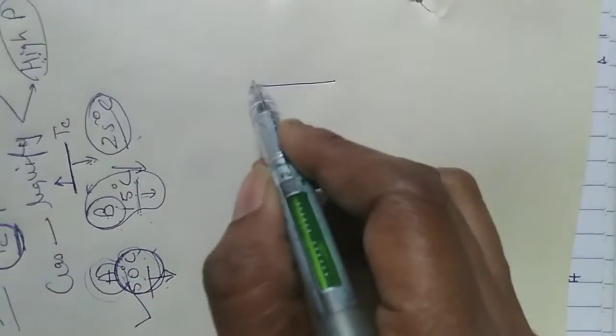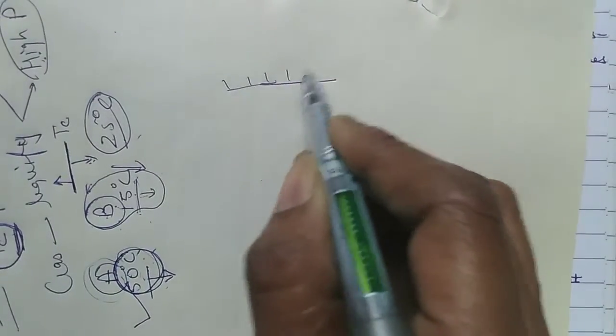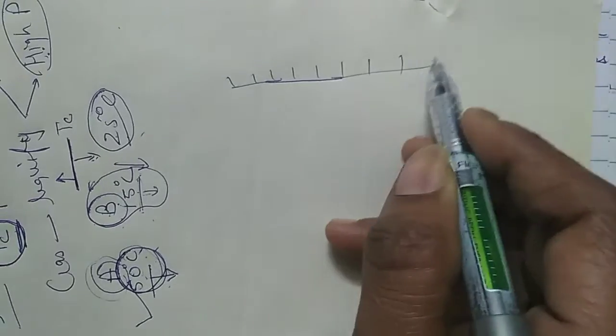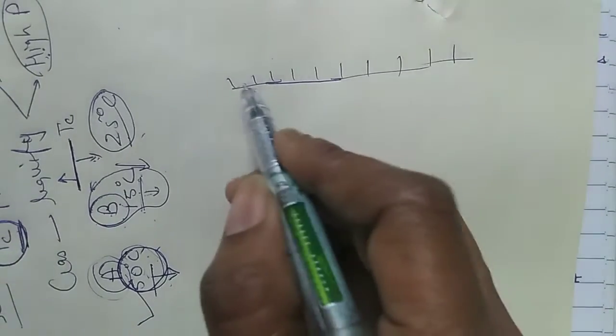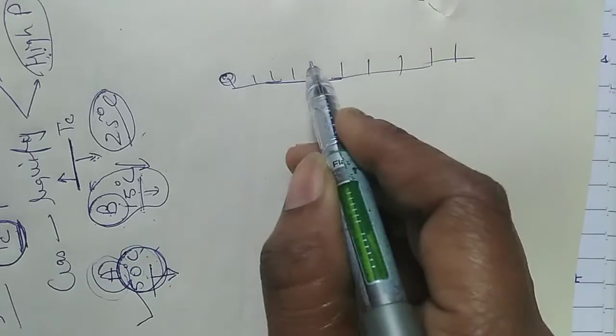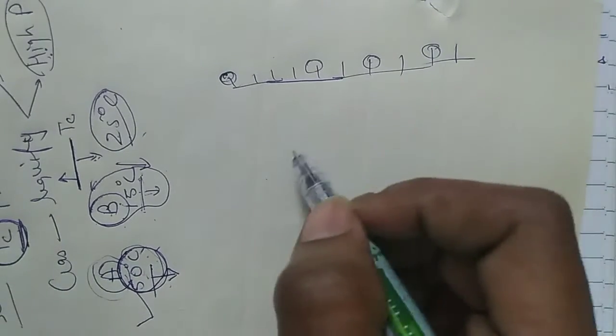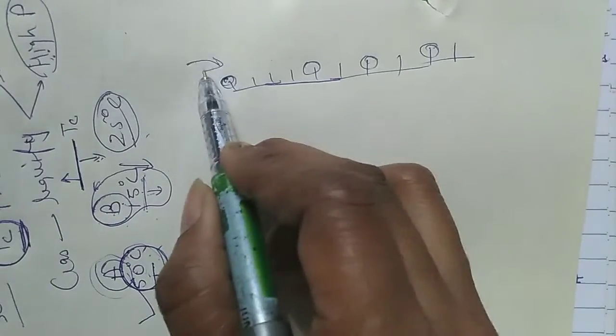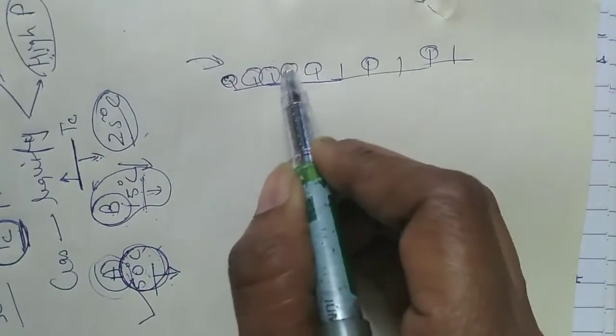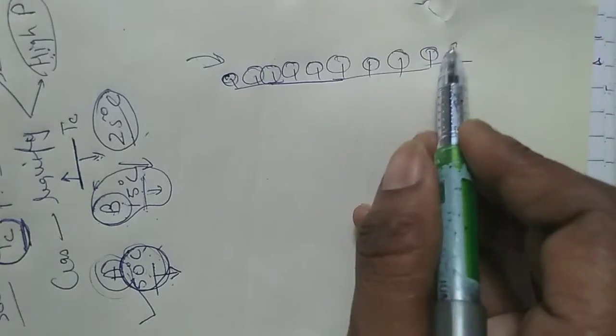Suppose this is the active surface and these are the active sites of the adsorbent. Now some adsorbate are adsorbed on the surface, and as P increases, all the active sites are occupied by the adsorbate.